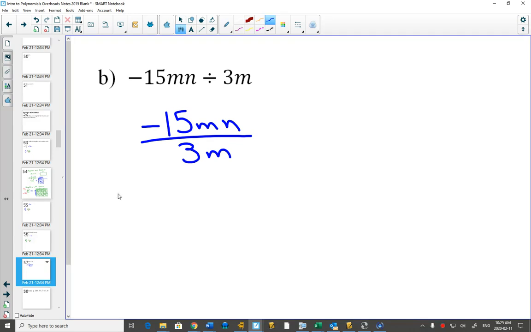Numbers first. The numbers, we have a negative 15 divided by 3. So now negatives are involved. Negative 5. And then we look at our variables. We've got an m and an n divided by an m. Does anything simplify? The m's do, and we get negative 5n.